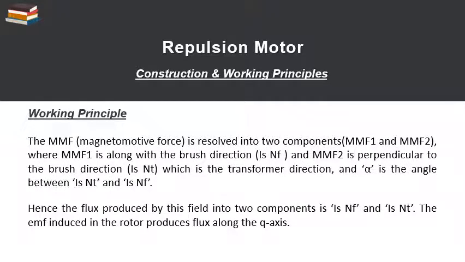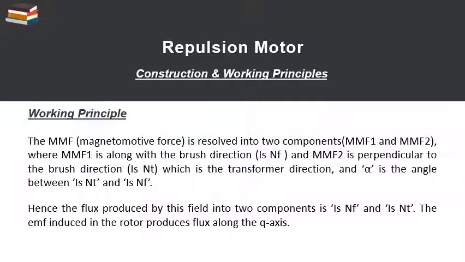The MMF, magnetomotive force, is resolved into two components, MMF1 and MMF2, where MMF1 is along the brush direction, Is into Nf, and MMF2 is perpendicular to the brush direction, meaning Is into Nt, which is the transformer direction, and alpha is the angle between Is Nt and Is Nf.